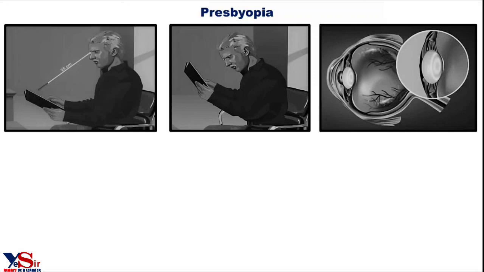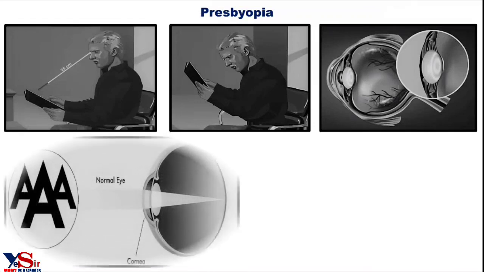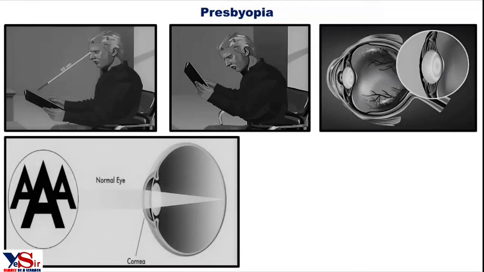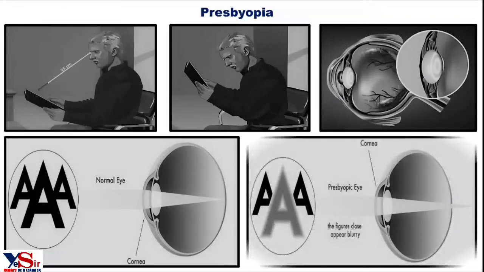Sometimes people suffer from nearsightedness as well as farsightedness, and in such a case, bifocal lenses are required. In the next picture you can see the normal eye, where three letters are visible, and in the next picture there is the presbyopic eye. The front one, the close one, A, is blurry.